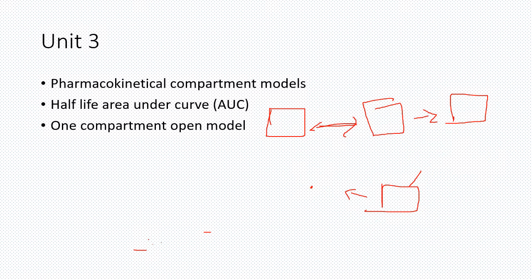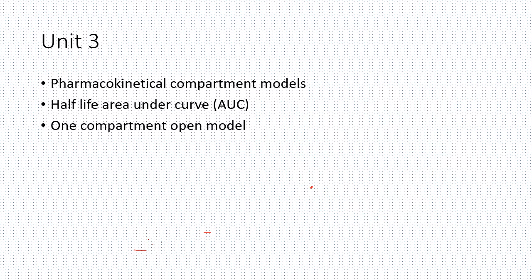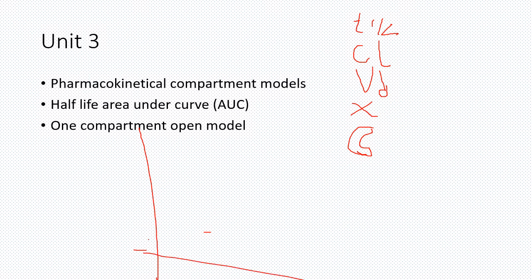So remember the compartment models as well, and a few terms with respect to this: the elimination half-life, the clearance rate, the volume of distribution, the plasma drug concentration, the actual concentration of the drug. Then you have to remember the area under curve parameters, that is the pharmacokinetic and pharmacodynamic.